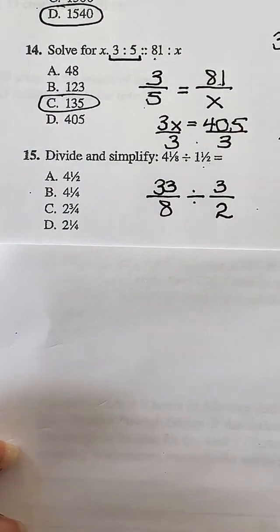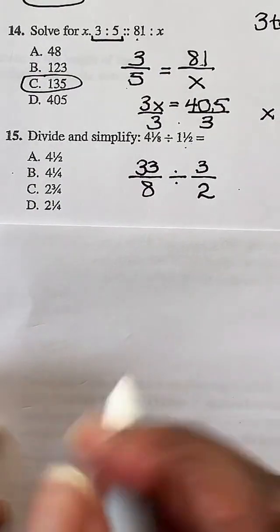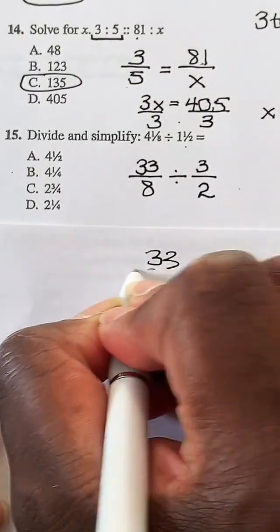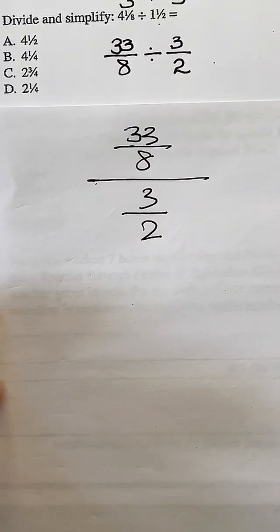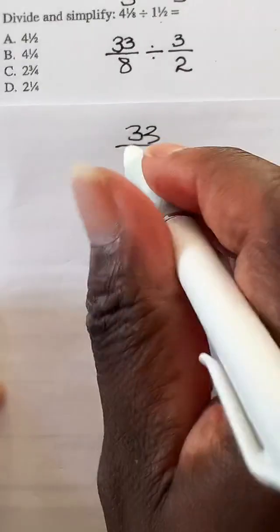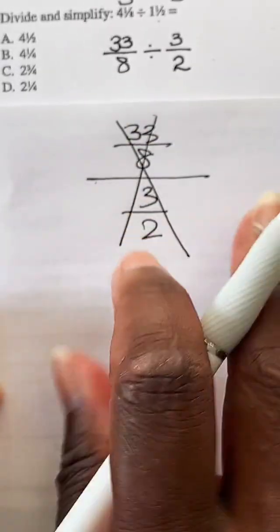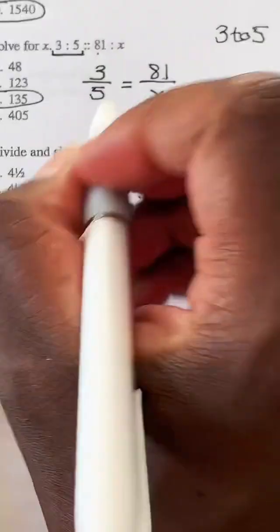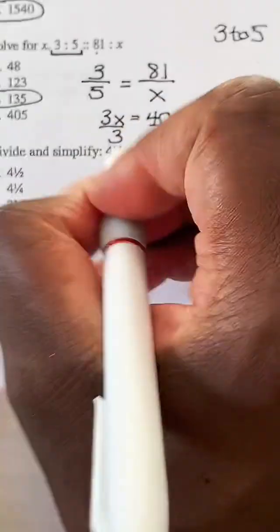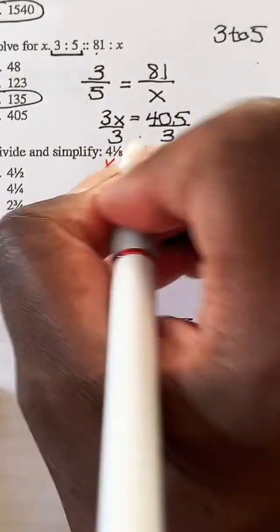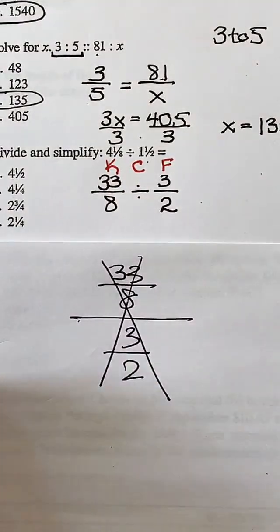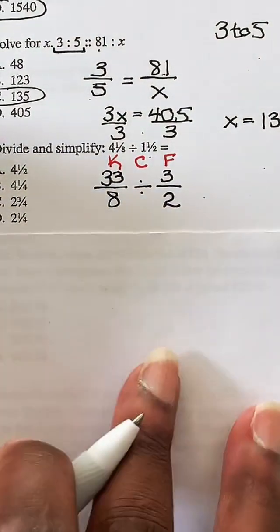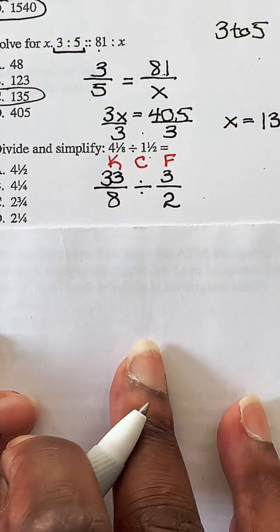So if I ever wanted to do this as a division, this looks crazy, right? Insane. So instead of torturing yourself, this is what we do. A lot of people love to hear this: keep, change, flip.